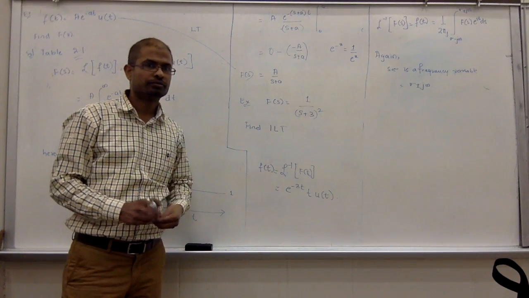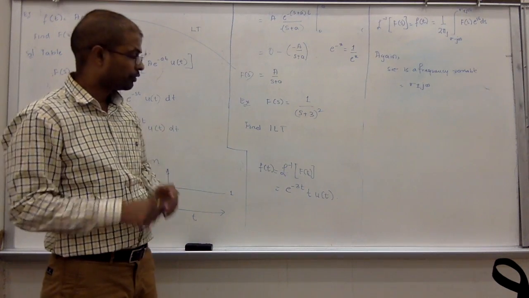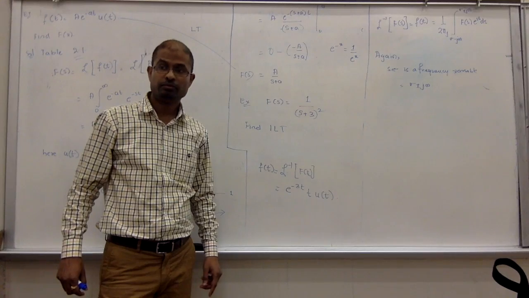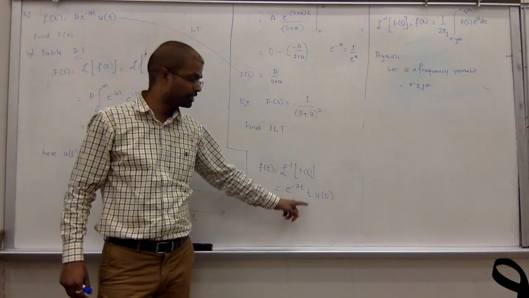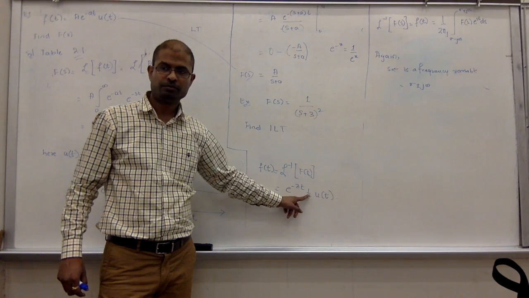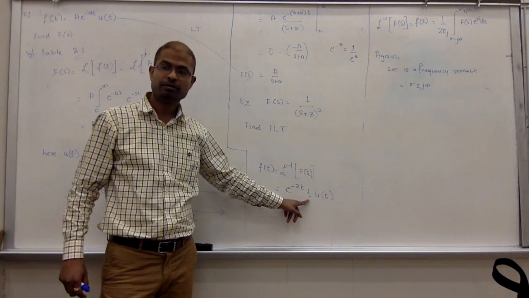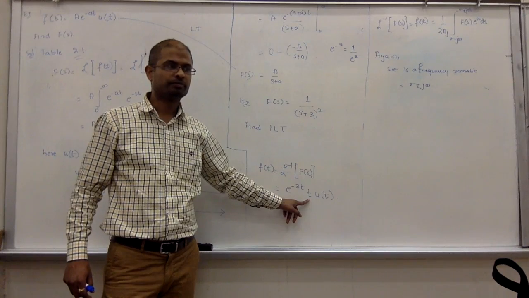If it is s plus 3 to the power of 4, what will this be? t cubed. That's it.